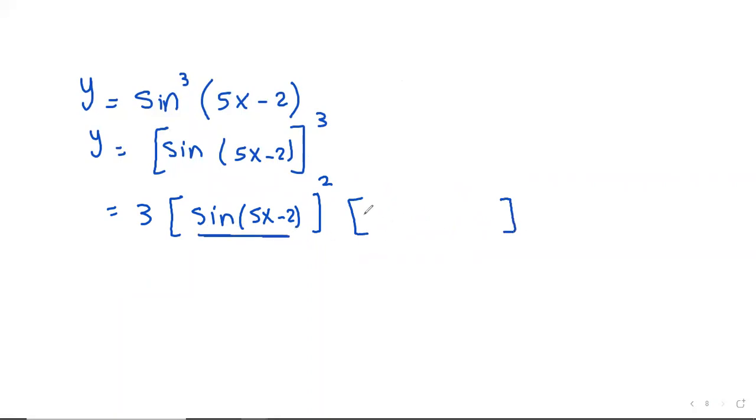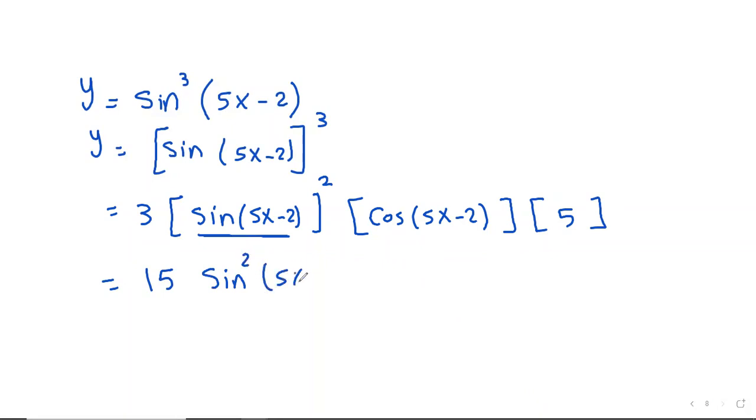The derivative of sine 5x minus 2 is cosine 5x minus 2, and then multiplied by the derivative of the bracket, which is 5. So we'll end up with 15 sine squared 5x minus 2 multiplied by cosine 5x minus 2. That's it.